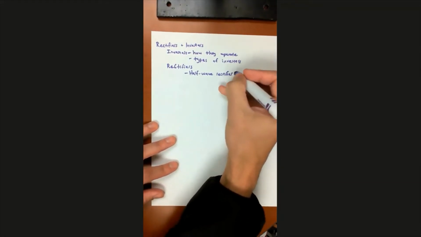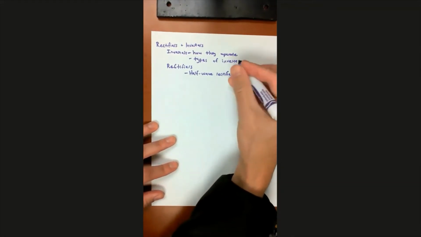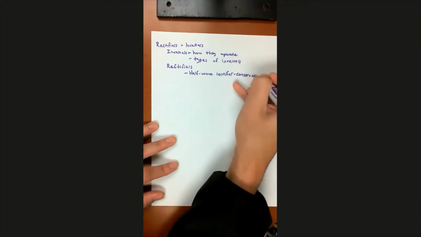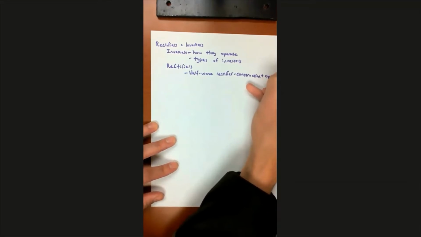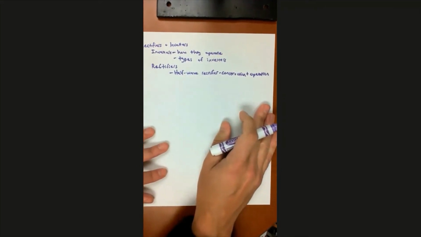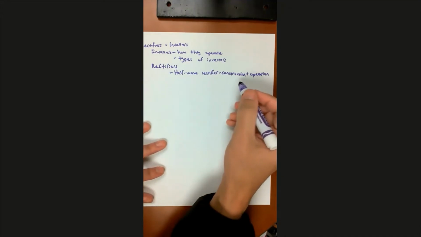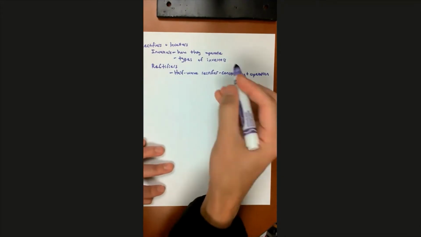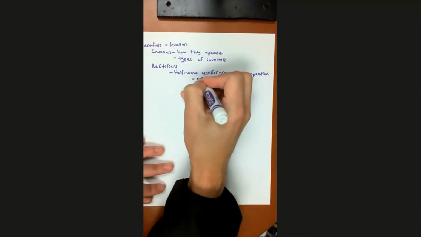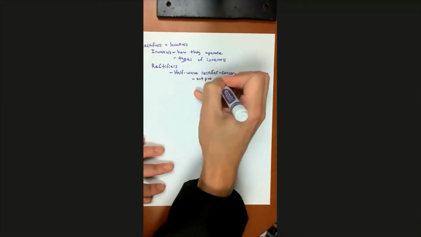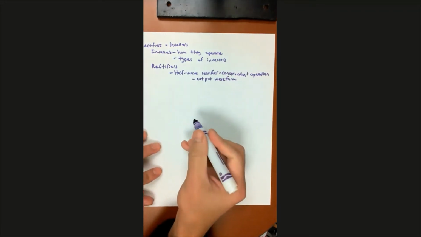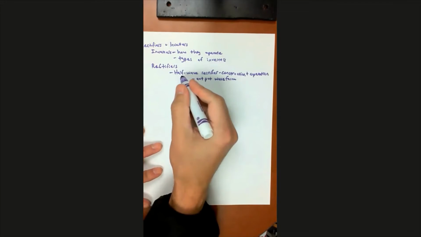So the half-wave rectifier, once again, the construction and operation, how it's put together and how it operates. And also, what does the output waveform look like? You should know what the output waveform looks like for a half-wave rectifier.